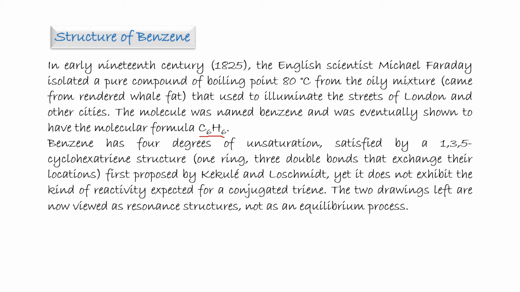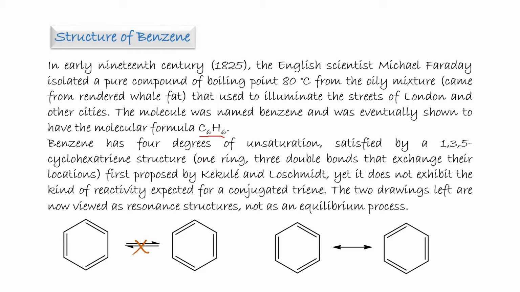The two drawings here are now viewed as resonance structures. So to have an equilibrium sign is wrong, but we can say they are two resonance structures, not an equilibrium. This is right.